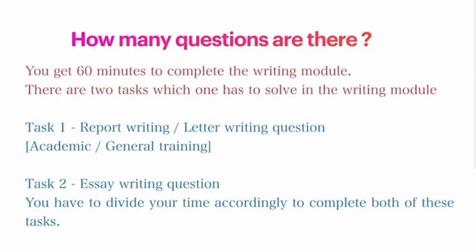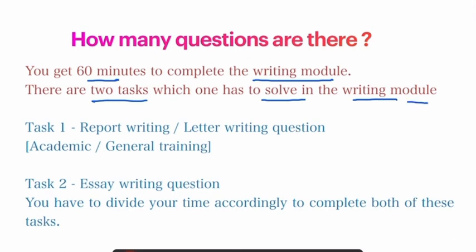So first of all, how many questions are there in the writing module? You get 60 minutes to complete the writing module, and there are two tasks which one has to solve. Now we know that there are two types of examination, an academic exam and a general training exam.